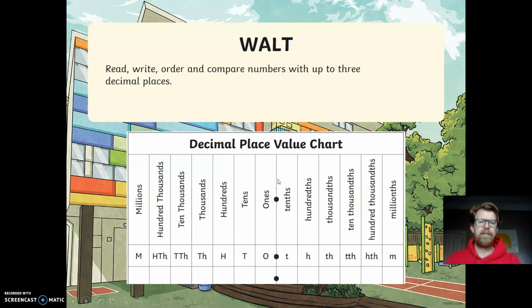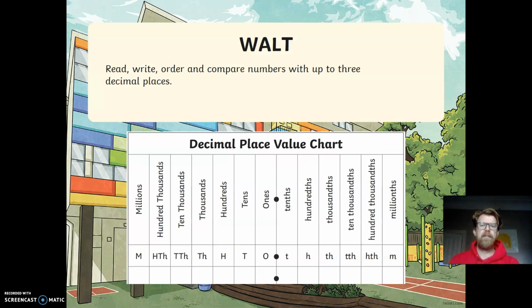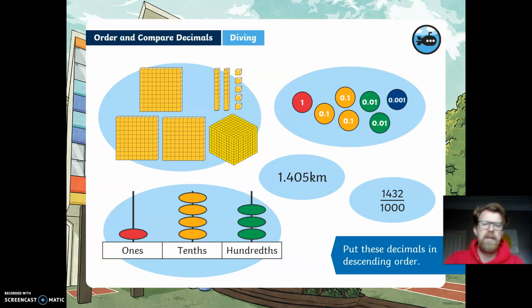Okay, let's move on. Right. So the first thing we're going to do is see if we can put these decimals in descending order. There are lots of ways that we can see decimals and we can convert them. So in this first one, we can see 5 different ways of showing decimals.